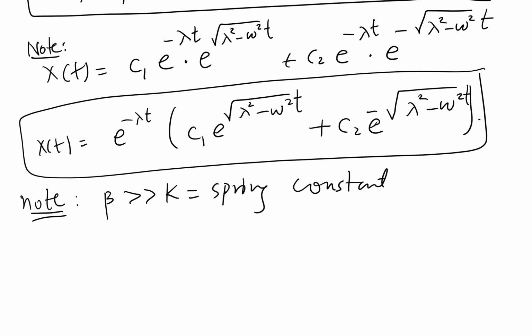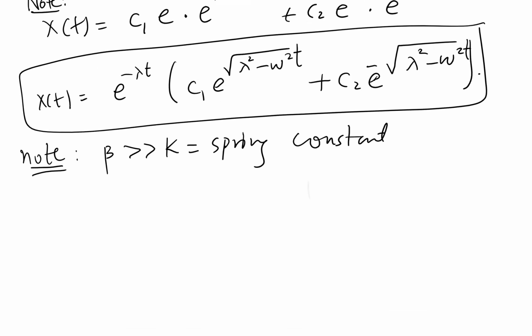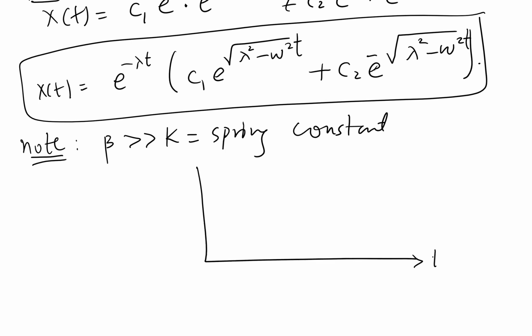So what happened in this specific case, which we called overdamping? If you want to look at it graphically, this is the t-axis, and that's the x-axis, basically x of t. So this is the motion.